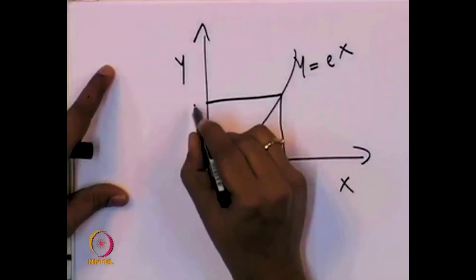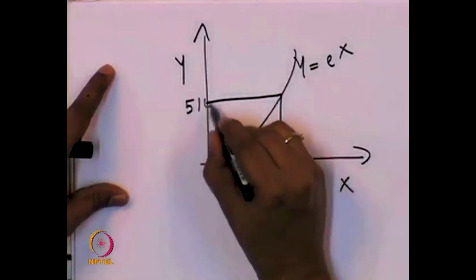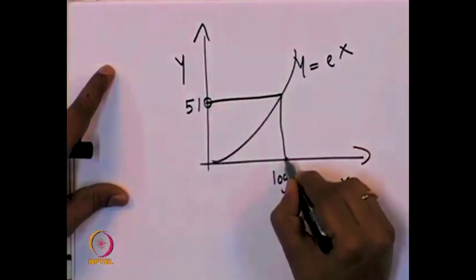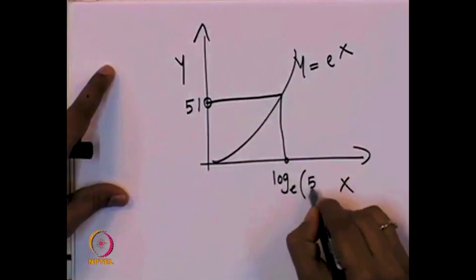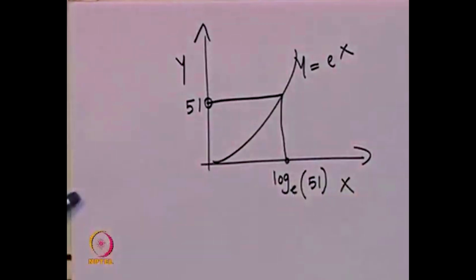So, let us say this is 51. This value is 51 here, and if you draw such a line and calculate the corresponding x value, you call it log of 51 to the base e.